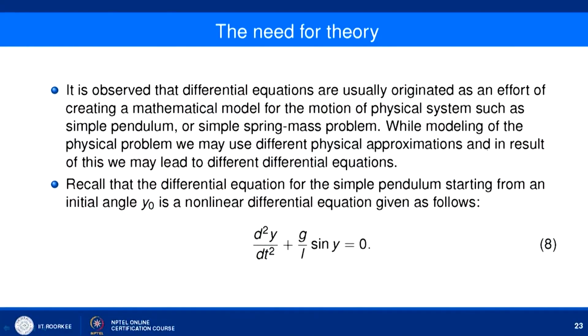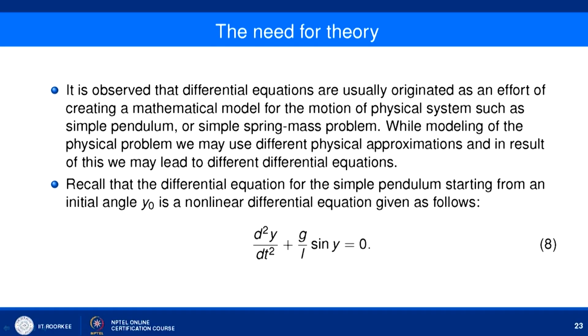While modeling a physical problem, we may use different physical approximations, and as a result we may arrive at different differential equations. It means that if we assume a certain set of assumptions, we get a differential equation. For example, consider the simple pendulum: if we assume that sine of y can be approximated by y, it comes out to be y double dash plus y equal to 0.